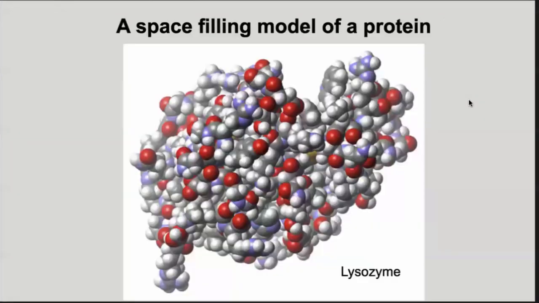Here's another example of a space-filling model or sphere model or a CPK model. This time we're looking at an entire protein called lysozyme, a sort of digestive enzyme used to break things down inside the lysosome inside cells. The CPK model or space-filling model gives us a sense for the overall shape and structure of the protein.